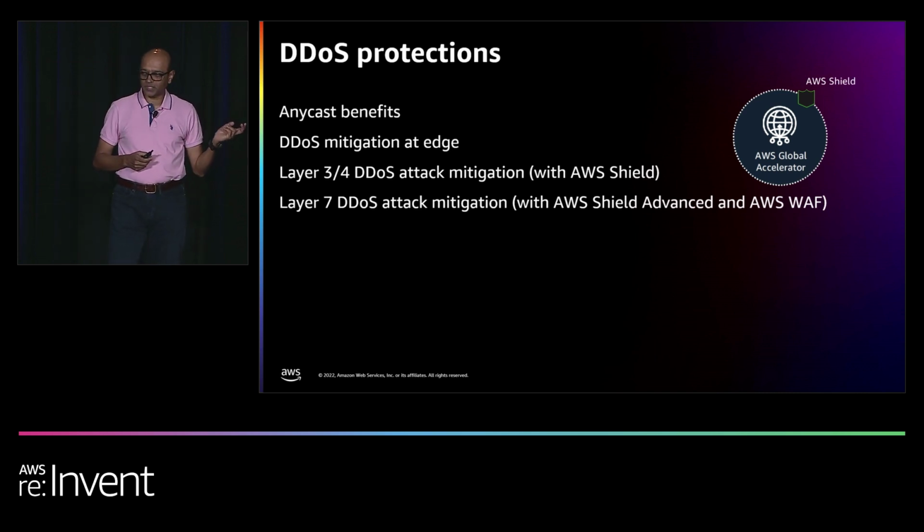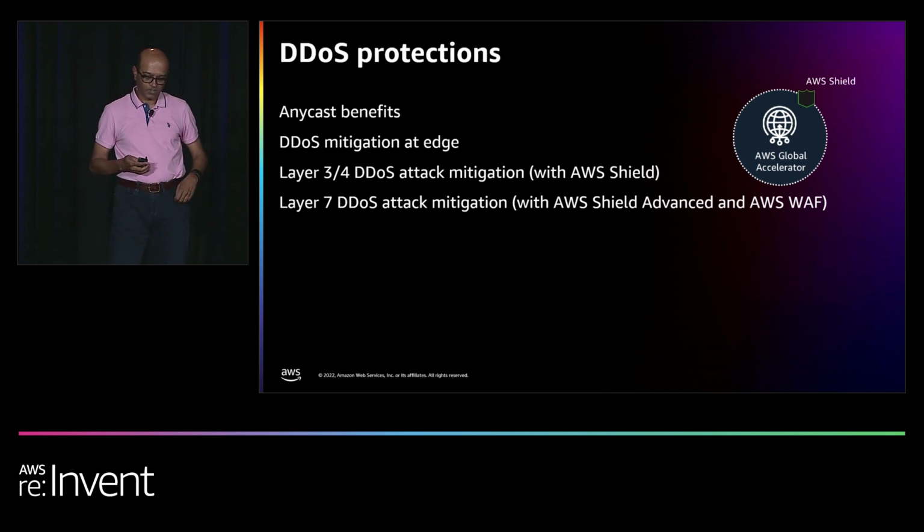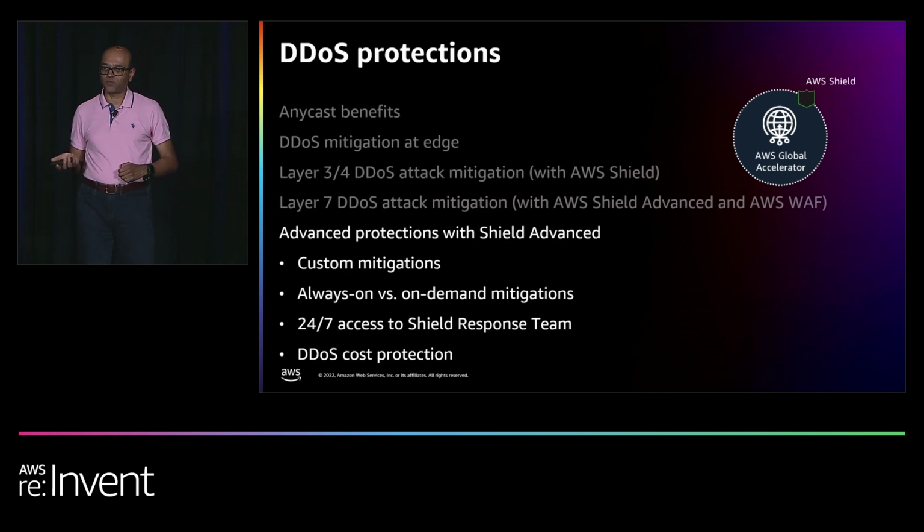There are two types of protections here. Layer 3, 4 DDoS protections that you get automatically with Shield. And then you can also get layer 7 DDoS protections when you're using it with AWS WAF and specifically with application load balancer endpoints. Also, you can get advanced protections if you're a Shield Advanced customer.